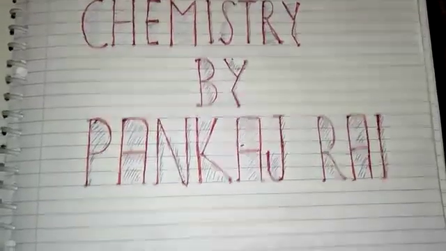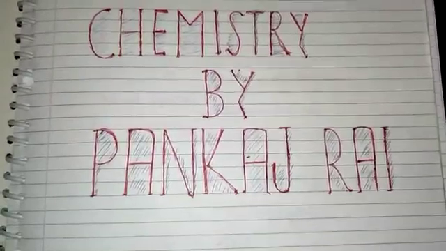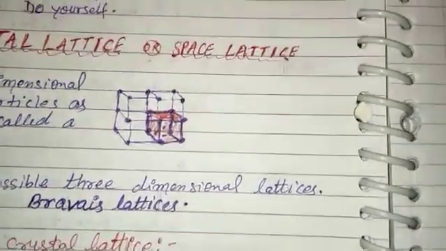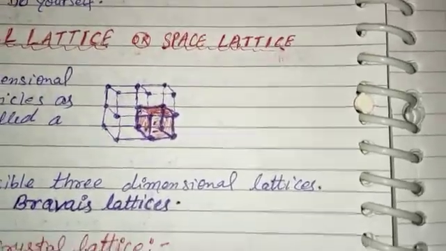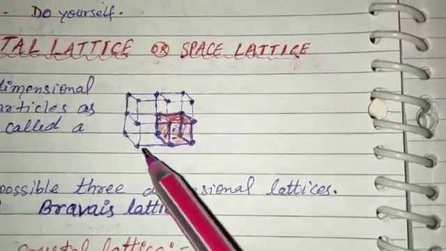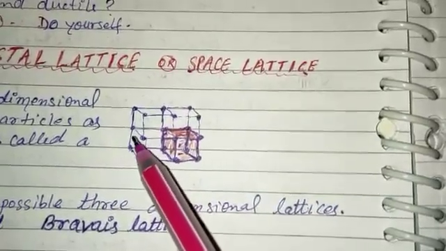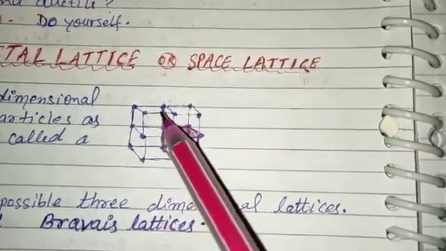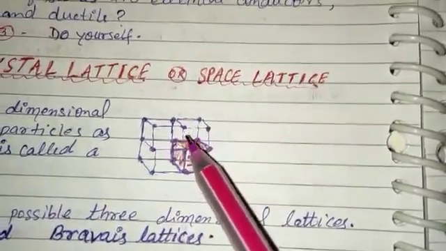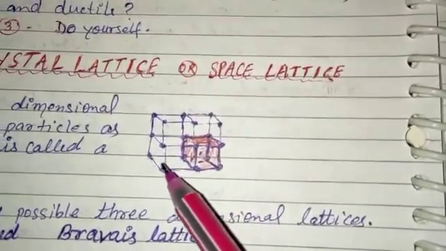Dear students, today I am going to teach you about the crystal lattice or space lattice. In a crystal lattice or space lattice, the particles of the lattice are joined by straight lines and form a three-dimensional network, a three-dimensional geometrical structure, that is called the space lattice or the crystal lattice.